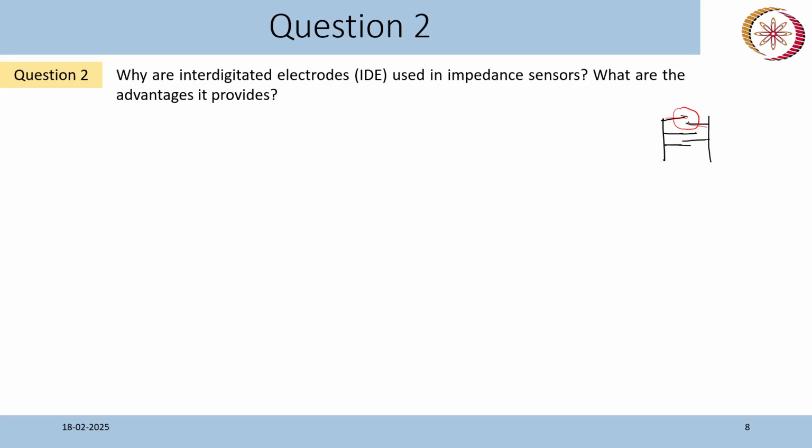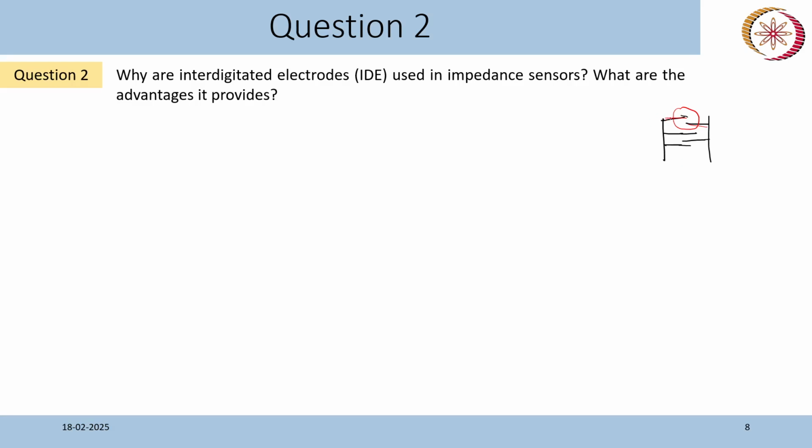The capacitance will depend on the material between these metal lines. If the material is different, or the properties of this material are changing, then this capacitance will change and the overall impedance of the sensor will change.